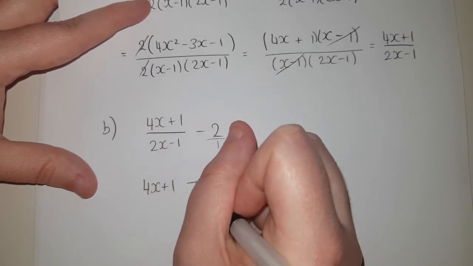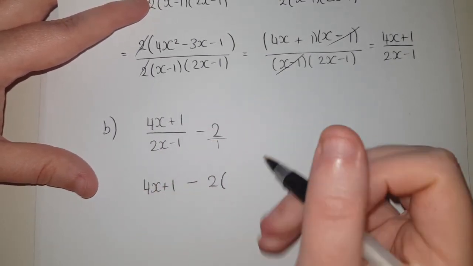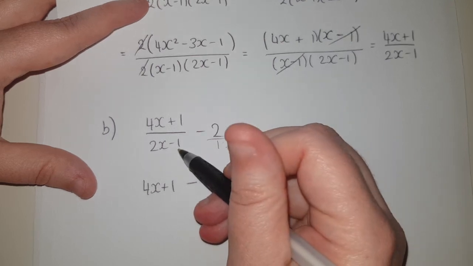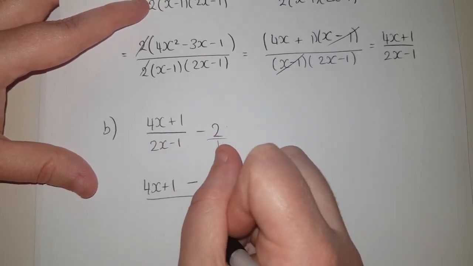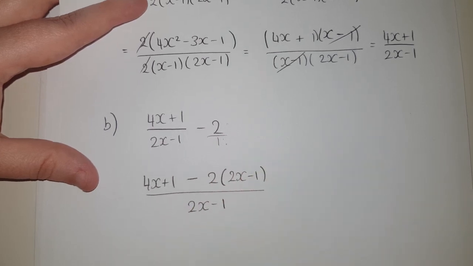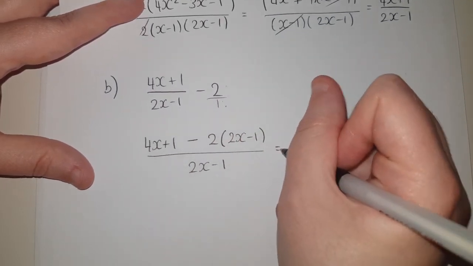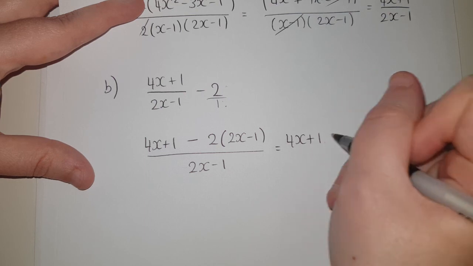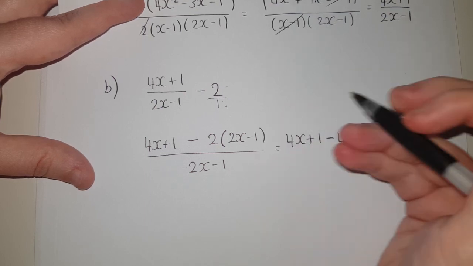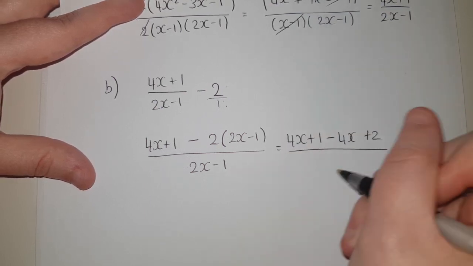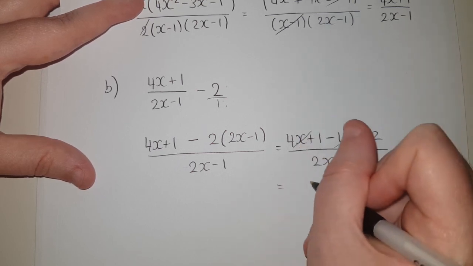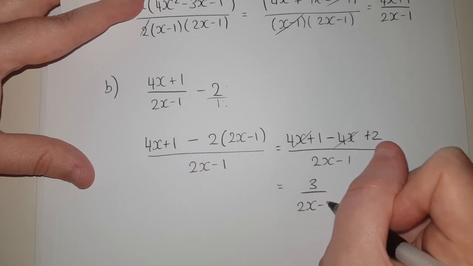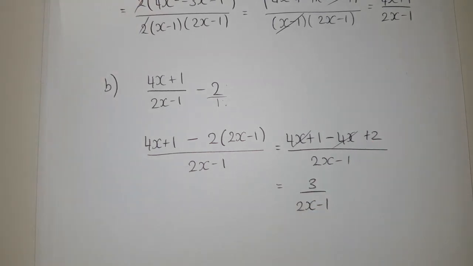So I've got 4x plus 1 minus 2 lots of, and this one I would be multiplying top and bottom by 2x minus 1, and then both fractions would have 2x minus 1 on the bottom. So I've got 4x plus 1 minus 4x, and just be careful, you'd then have plus 2. These are going to cancel each other out. I end up with 3 over 2x minus 1, which is what it asked us for.